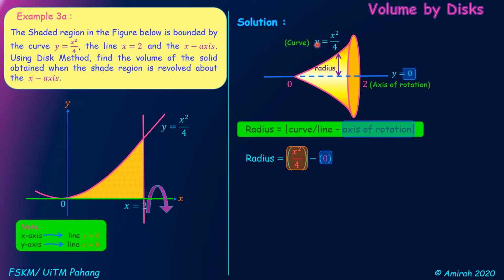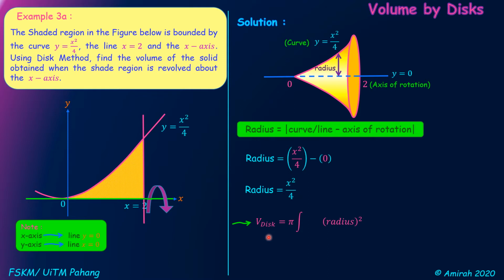Notice that from the equation, y is the subject, so we can subtract. After we substitute, we get x squared over 4 minus 0, then we simplify: radius equals x squared over 4.